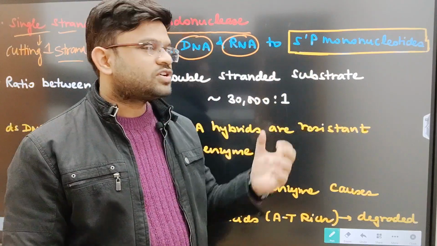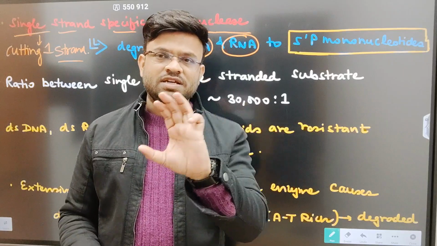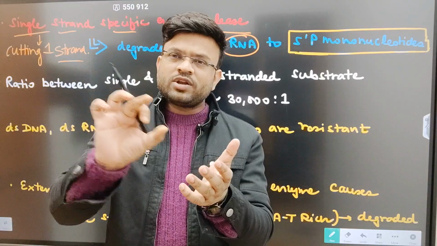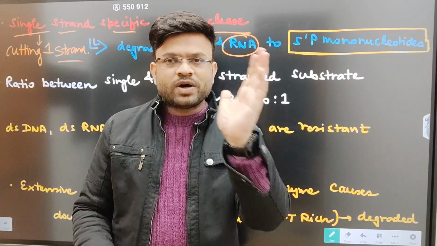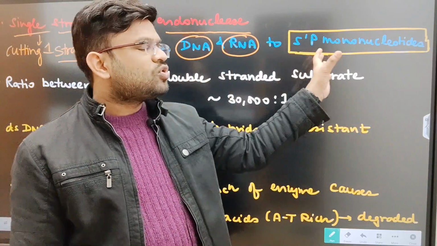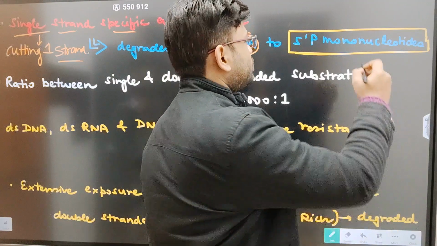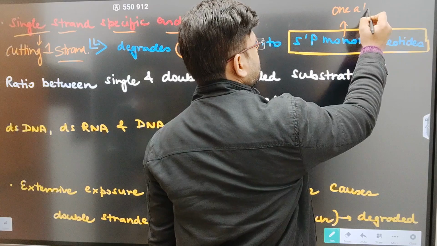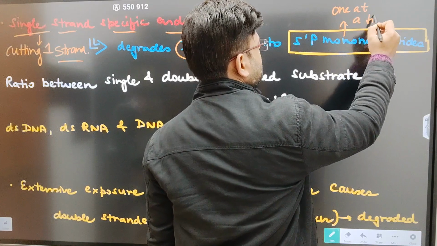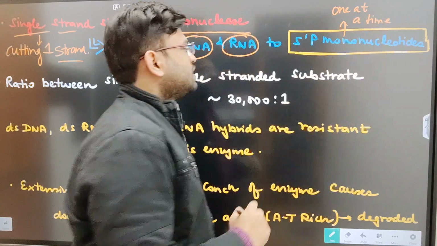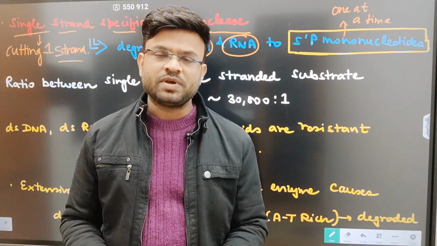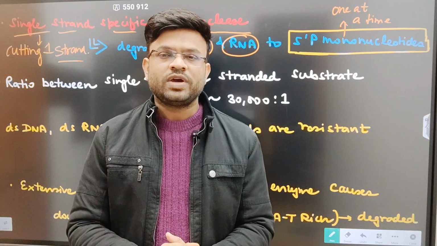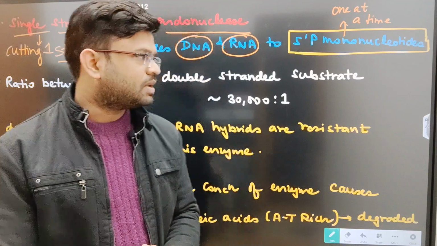For example, at the first position adenosine phosphate is present, then guanosine is present. So it will be breaking one by one and creating mononucleotides. Mono means just one at a time. And it will be cutting from the 5' end, it will not be cutting from the 3' end. This is another very important feature that you should be remembering.